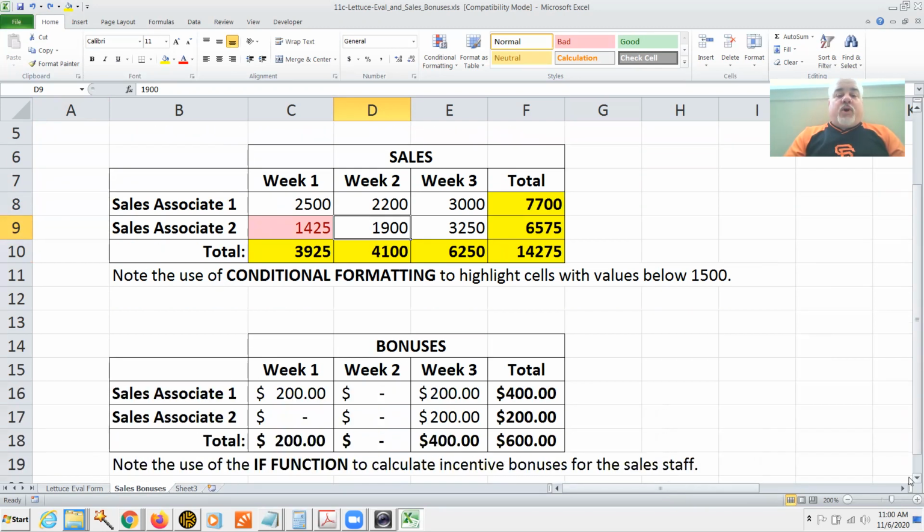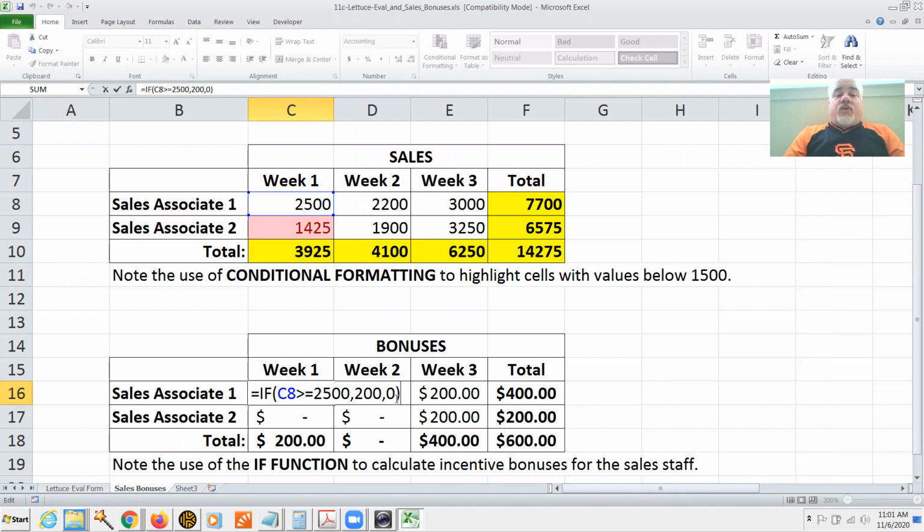So then how are the bonuses calculated? I've got an if statement. And this if statement says if C8, the week 1 value for associate 1, is greater than or equal to 2,500, then return a value of 200.